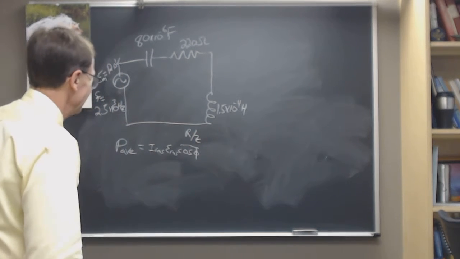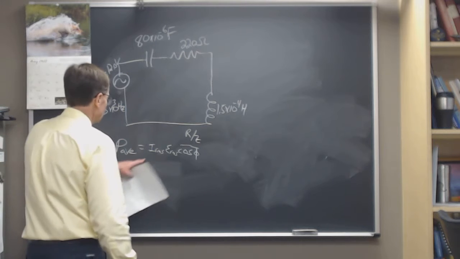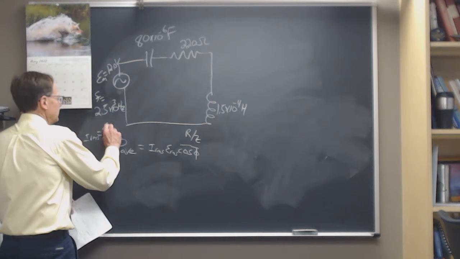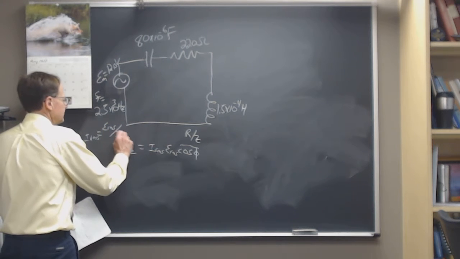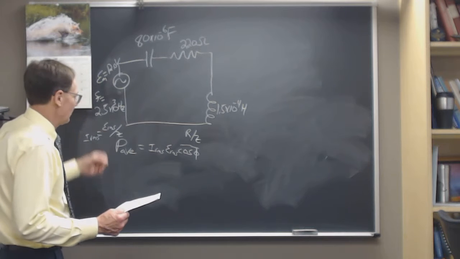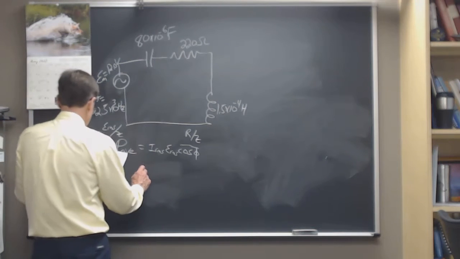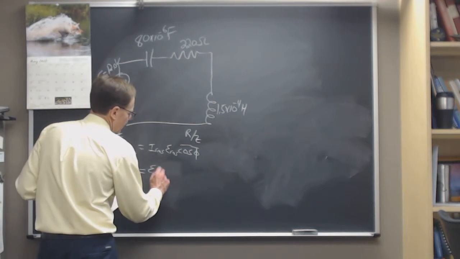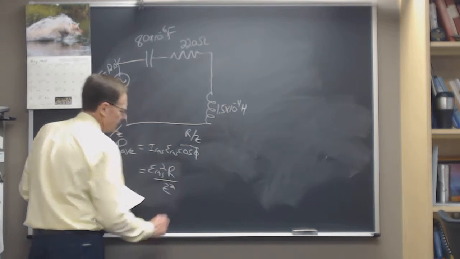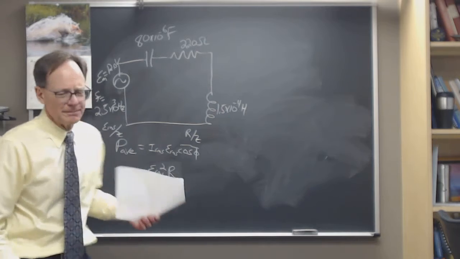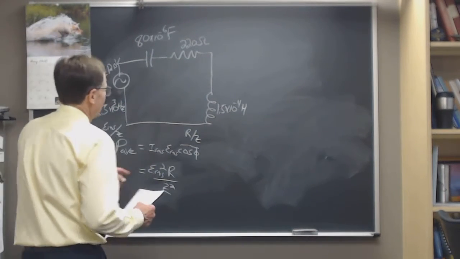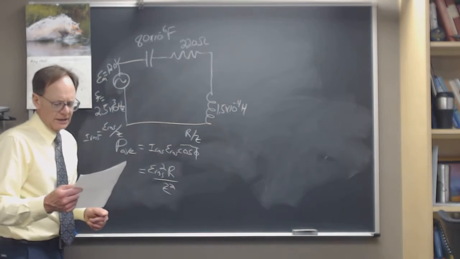But we also know that I_RMS is equal to E_RMS over Z. So we can write this as E_RMS squared times R over Z squared, the impedance squared. If we can find the impedance, that seems pretty straightforward, then we have this figured out.